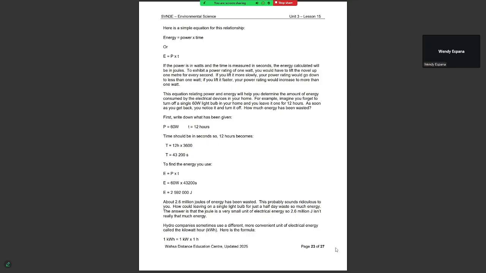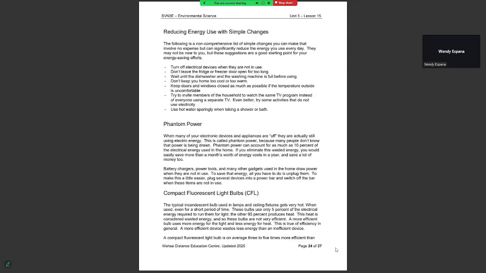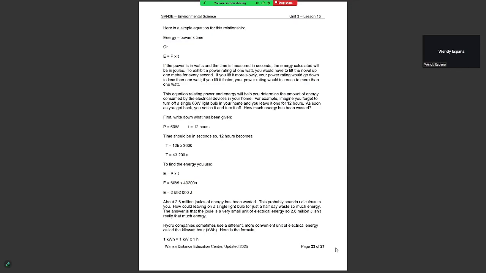So a kilowatt, as we'll see on the next page, is 1,000 watts. So when we talk about units of electrical energy, we have 1,000 watts, a kilowatt, and we have 1 hour, so that we don't use big crazy amounts.